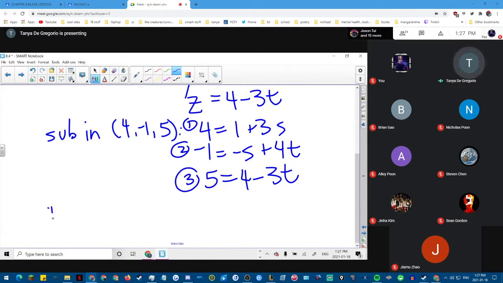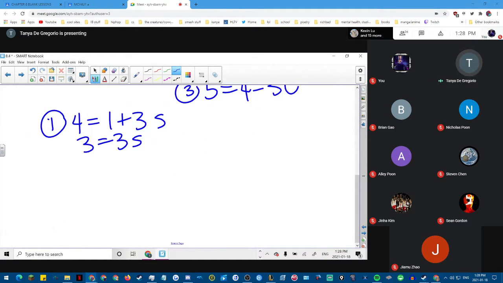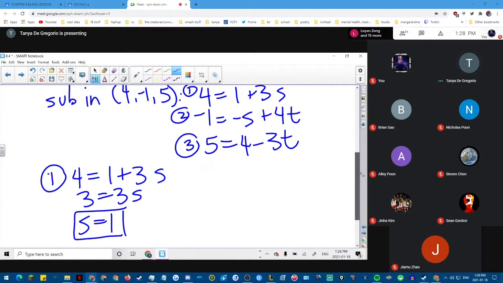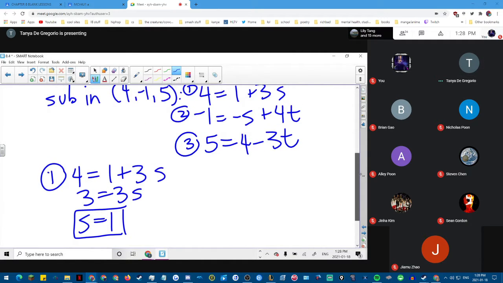So if I look at equation 1, then I can say that 3S equals 3 and S equals 1. Okay, what other equation should I use? The one with only T. Yeah, good.